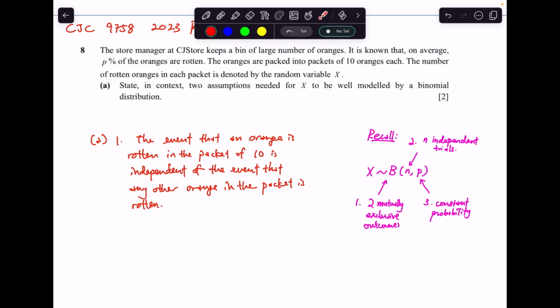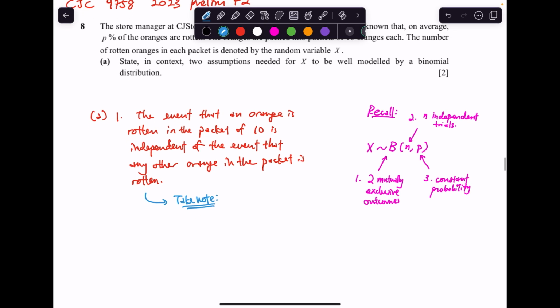Okay, and we just want to sneak in the number of trials, right? Okay, so one thing to take note here is just a point about how we phrase things, or how the words in this context work, right? So what I want you to take note is that only events can be independent.